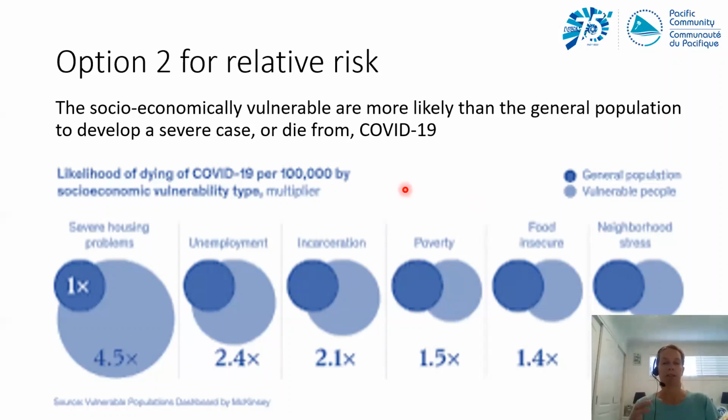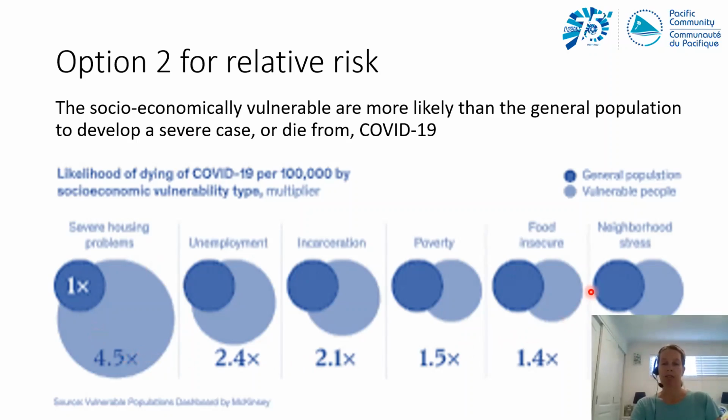So again, if we were to write this out, it would be quite a long paragraph and possibly hard for some people to understand what you're talking about. But here, if we say the risk in the general population is this size, and it's 4.5 times more risk for people living with severe housing issues.